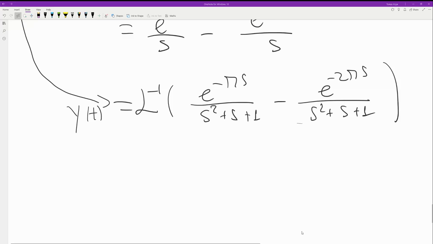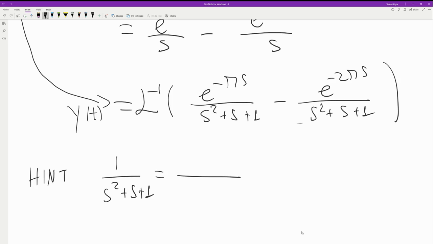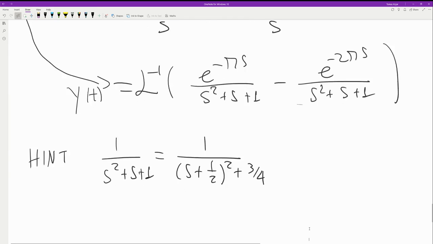Now, how are we doing? Okay, so because this doesn't use any convolution techniques, let me just give you a hint. s squared plus s plus 1 can be written as follows: (s plus a half) squared plus 3/4. Okay, why is that useful?